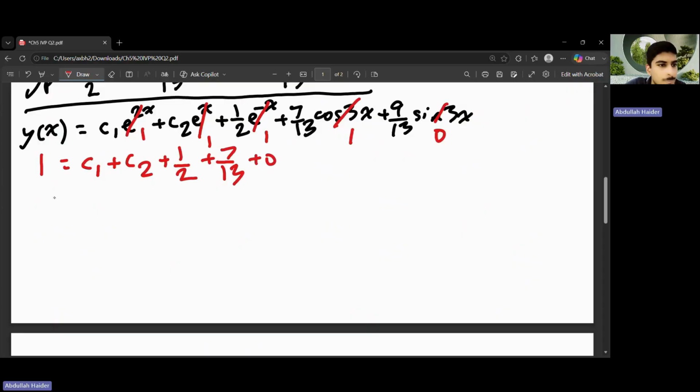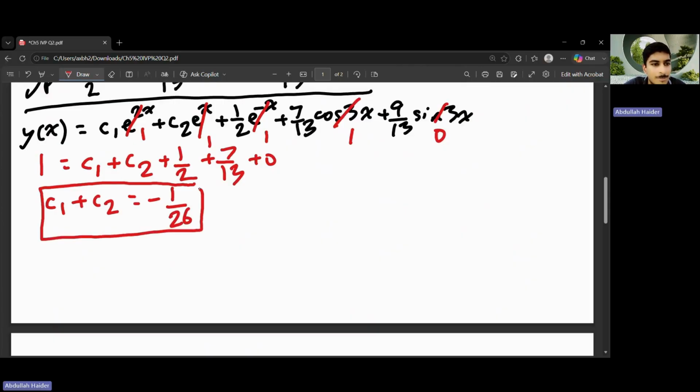So your C1 plus C2 should end up being negative 1 over 26. Once again, this is your first linear system of equations.